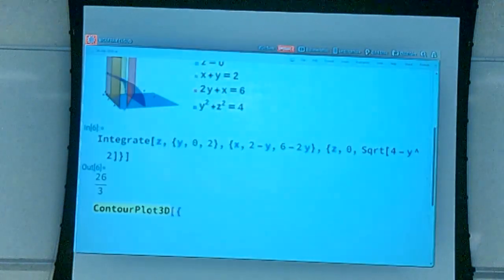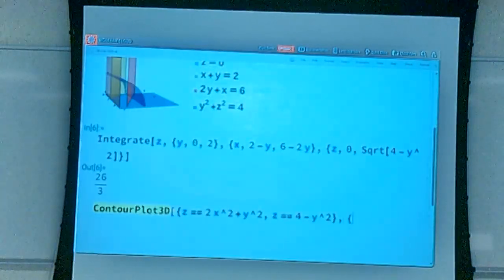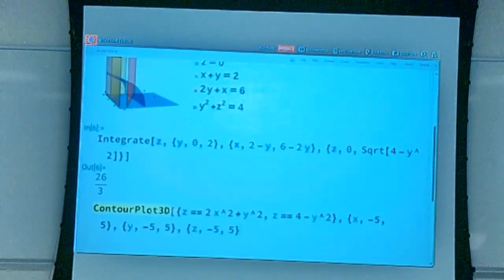Two things we have to plot, right? Z equals 2x squared plus y squared, and z equals 4 minus y squared. Let's go minus 5, all the way around. Just to start, well, maybe there's one there we need to.